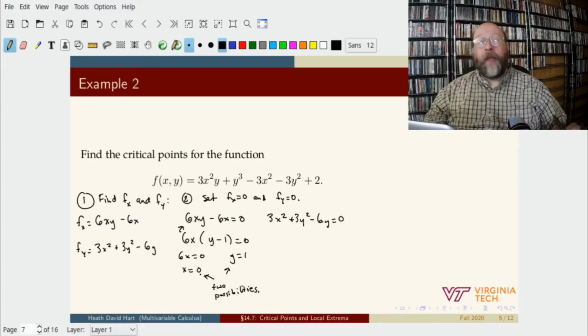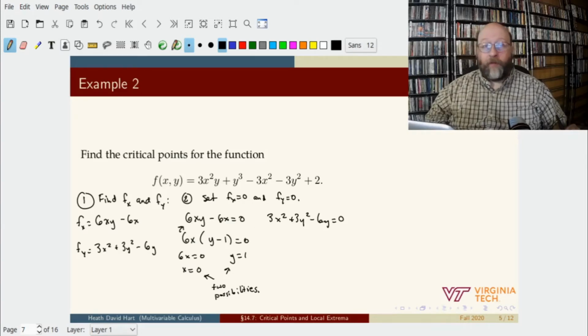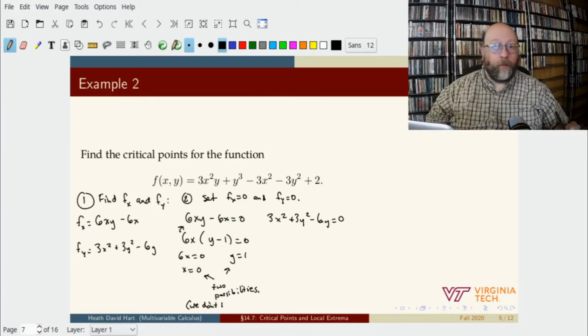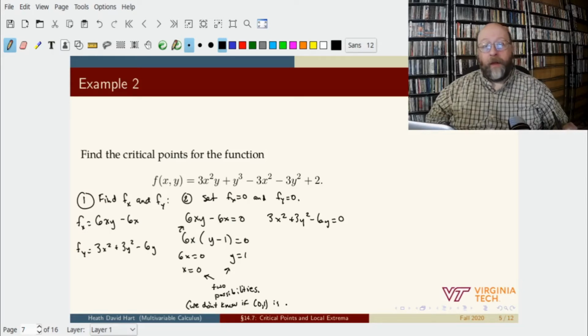This does not mean that x equals 0, y equals 1 is a critical point, because we haven't checked in this equation yet. So we do not know if 0, 1 is a critical point.